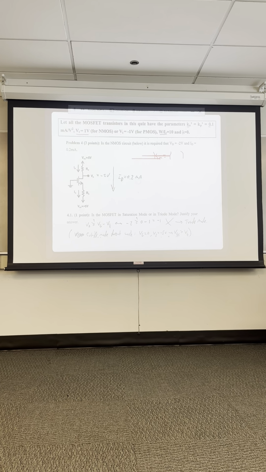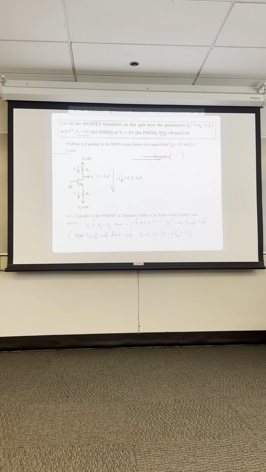So we want the drain voltage to be -2 volts, and we want the drain current to be 0.2 milliamperes. The gate is grounded, so is the MOSFET in saturation, or is it in triode mode?